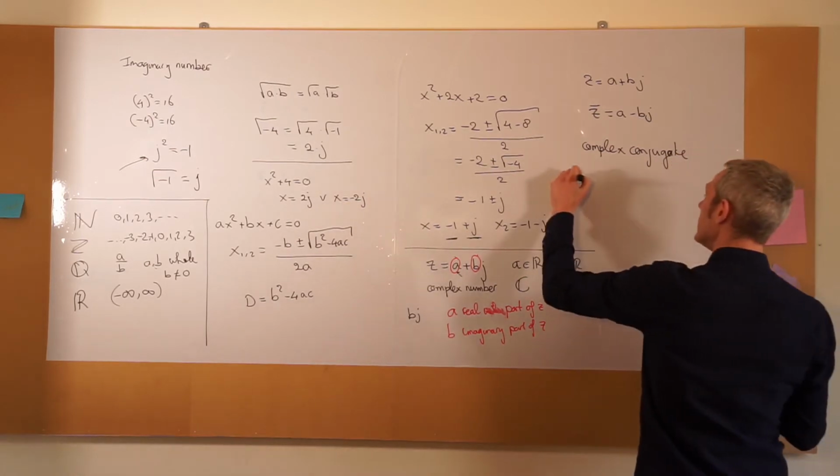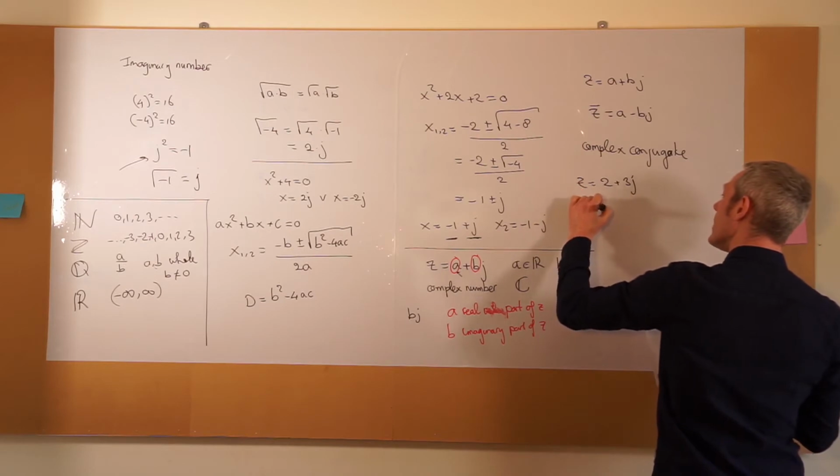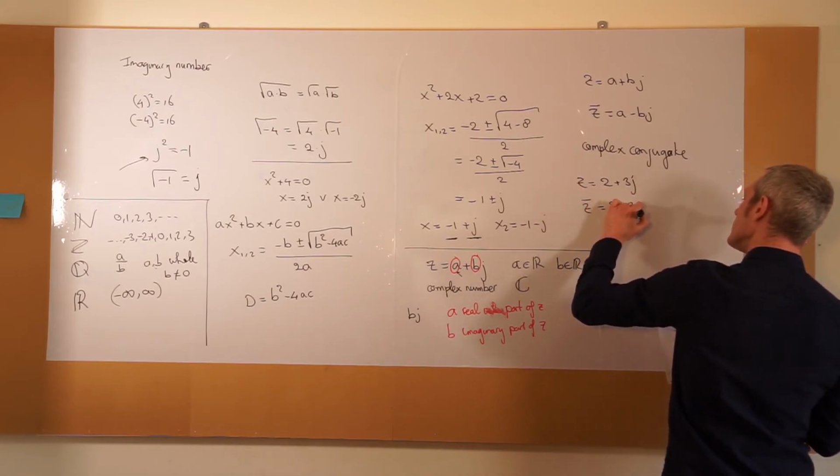So if z is 2 plus 3 times j, then z bar is 2 minus 3 times j.